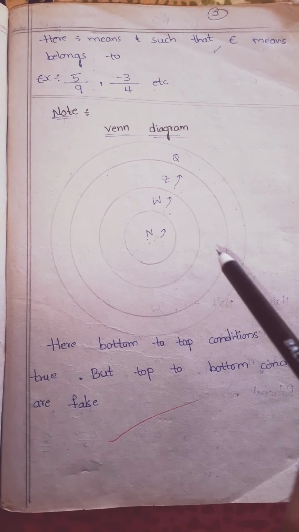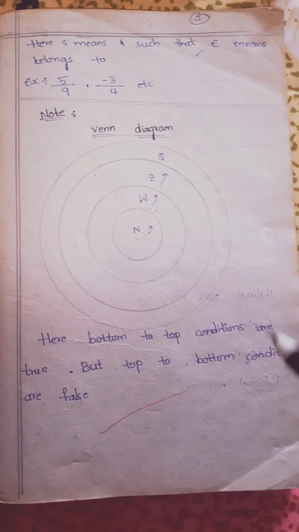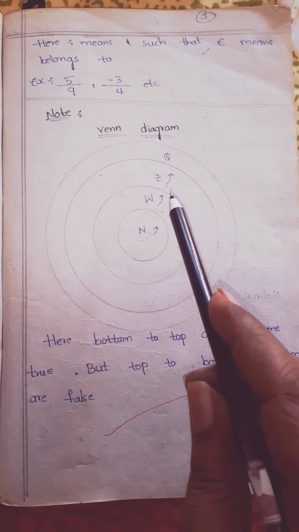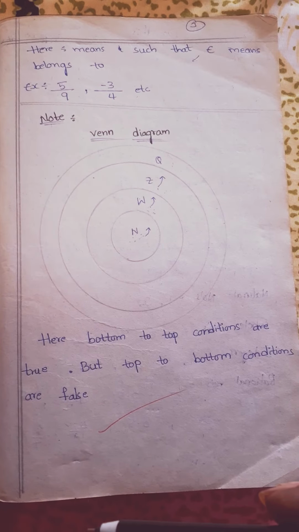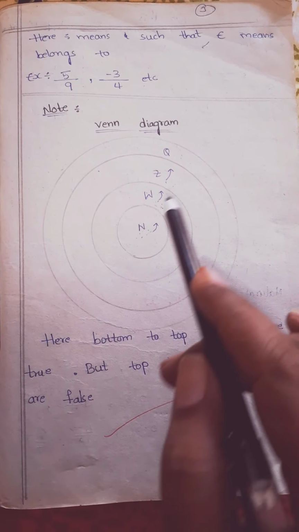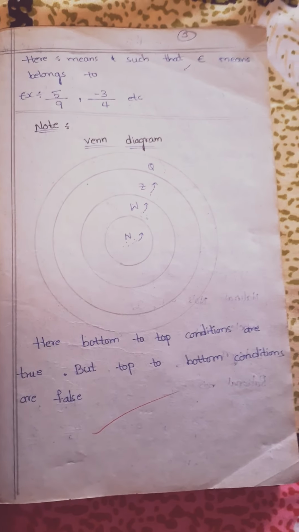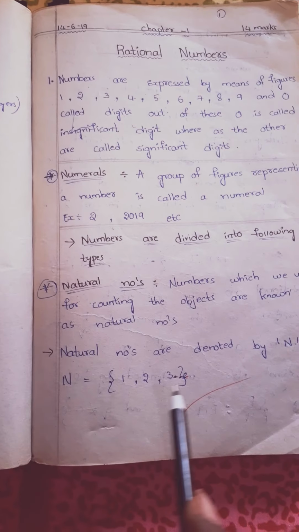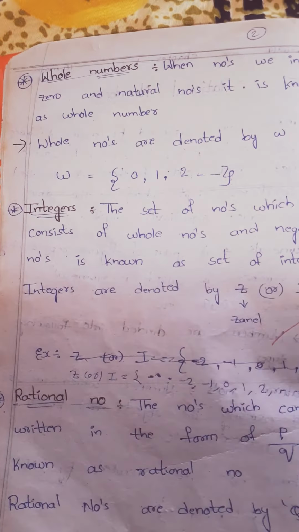Next, the Venn diagram, children. Natural numbers, whole numbers, integers, rational numbers. Here, from bottom to top all conditions are true, but from top to bottom all conditions are false. See here, every natural number is a whole number. Why? Because all natural numbers are there in whole numbers, and 0 is extra.